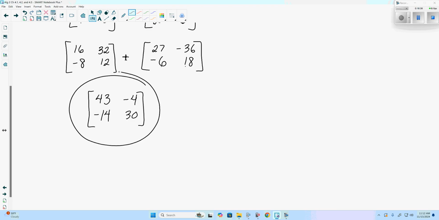Previous page. Yep. Mm-hmm. Yeah, the way you typed it in would have worked if you put the 3 as positive with the subtraction.